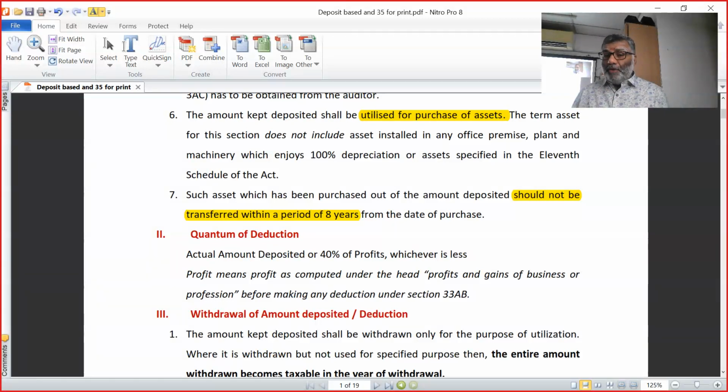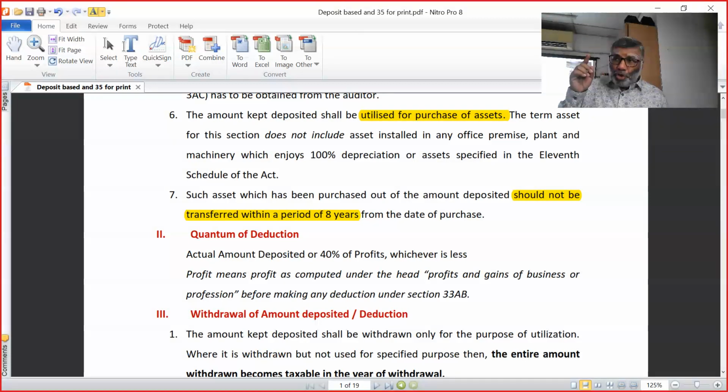However, if the withdrawal is due to death of the assessee, partition of HUF, or liquidation of a company, then it is not taxable. Repeating it, if the withdrawal is due to death of the assessee, partition of HUF, liquidation of a company, then it is not taxable.